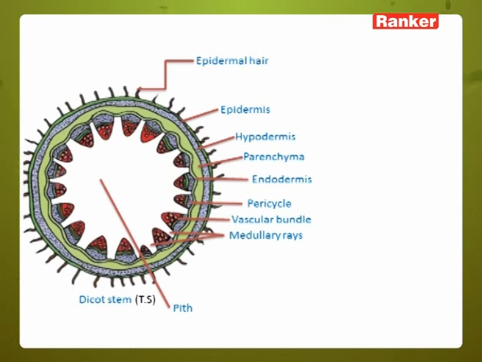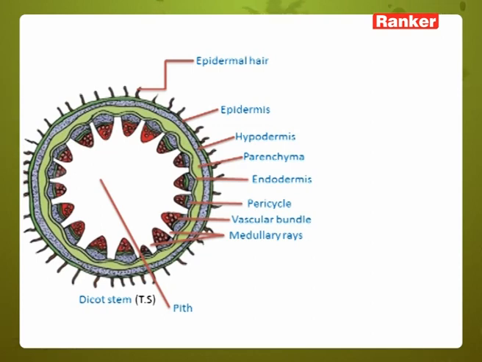Now, what is a vascular bundle? Each vascular bundle is composed of two types of tissues, phloem and xylem. If you see the diagram clearly, between two vascular bundles there is a strip of meristematic cells called vascular cambium. The green colored strip going across each vascular bundle is called vascular cambium.